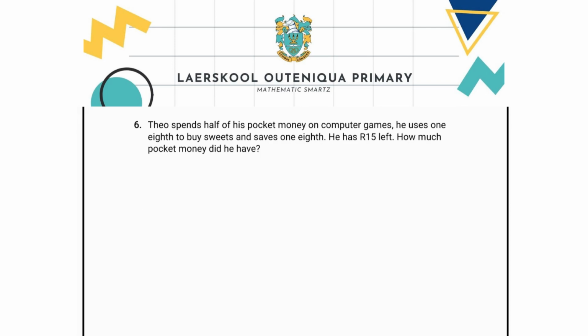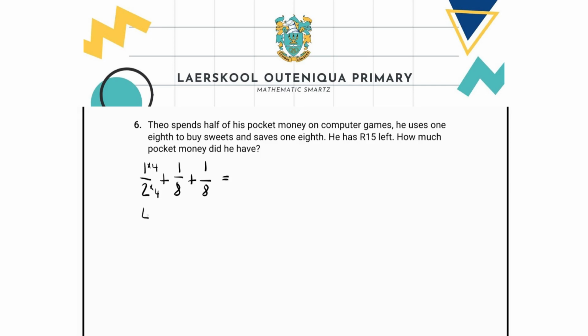Well, firstly, let's determine what Theo has already used. He's already used a half of his pocket money on computer games, 1/8 to buy sweets, and he's also saved 1/8. The first thing I have to do is find a common denominator. In order for all of these fractions to have a denominator of 8, I have to multiply my 2 by 4, and I do exactly the same with my numerator. I multiply it by 4.